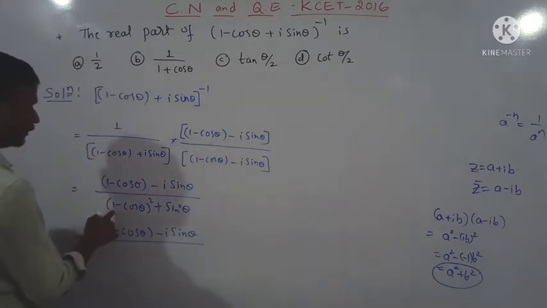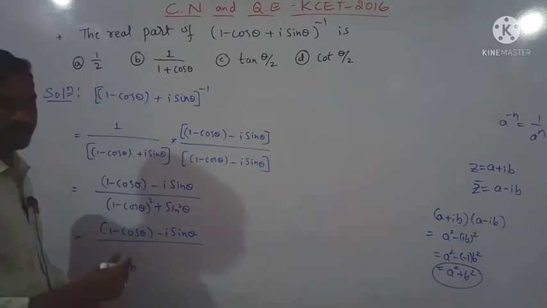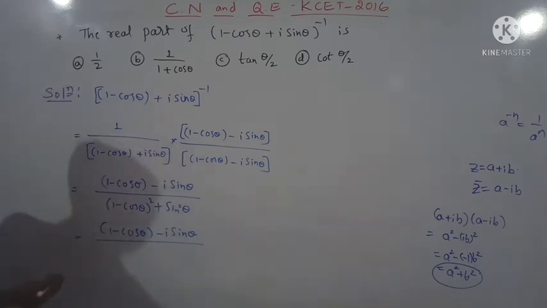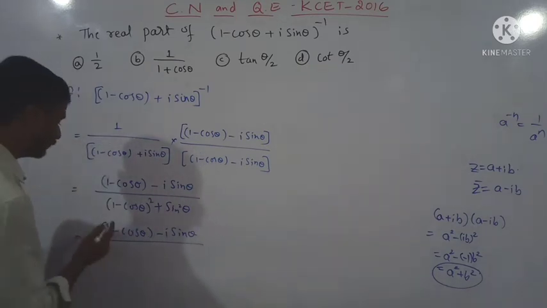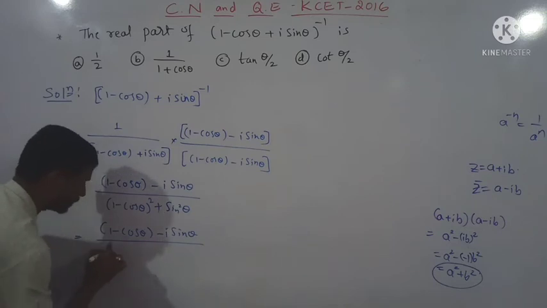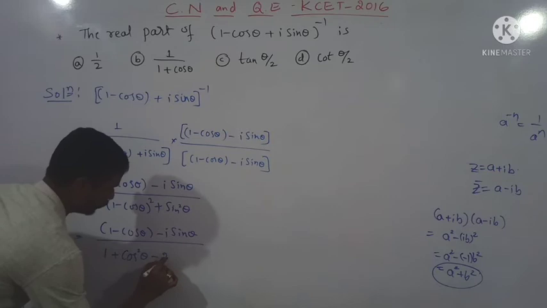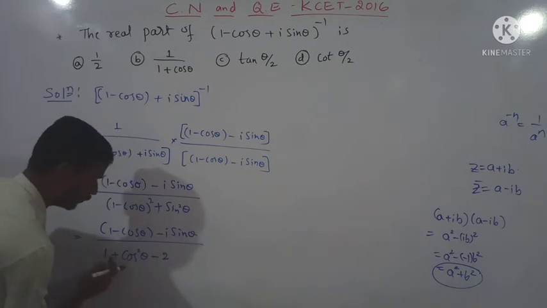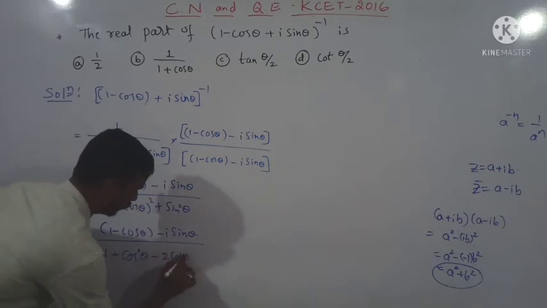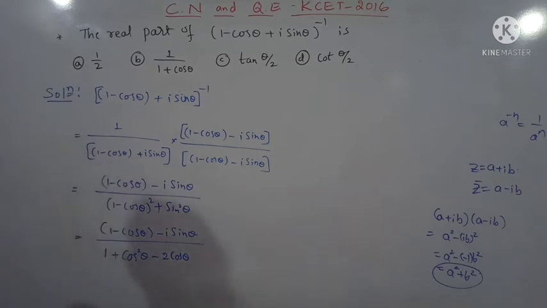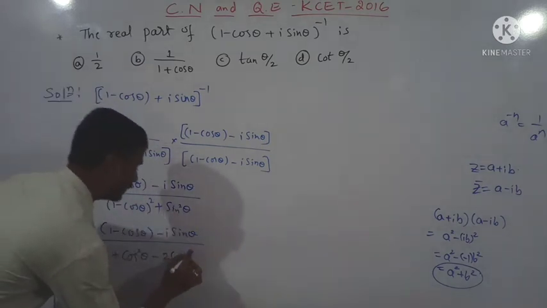This is in the form of a minus b whole square. Expanding, a square plus b square minus 2ab, that is 1 square is 1, plus b square means cos square theta, minus 2ab, 2 into 1 into cos theta. Therefore 1 minus cos theta whole square is equal to 1 plus cos square theta minus 2 cos theta, plus sin square theta.